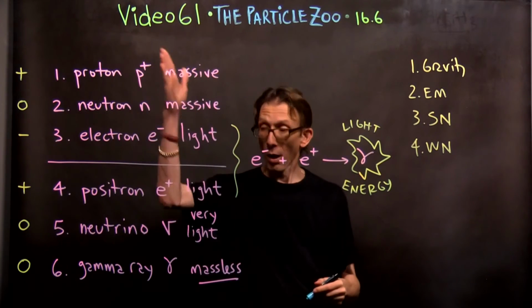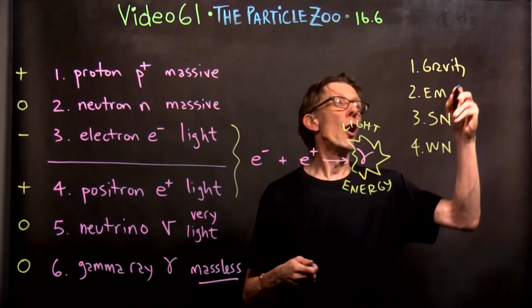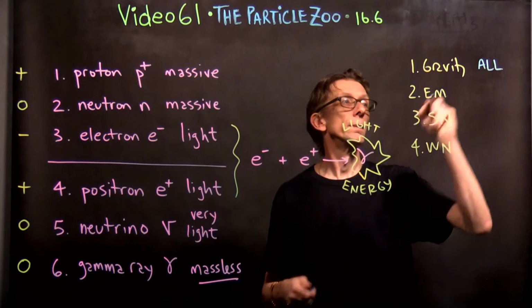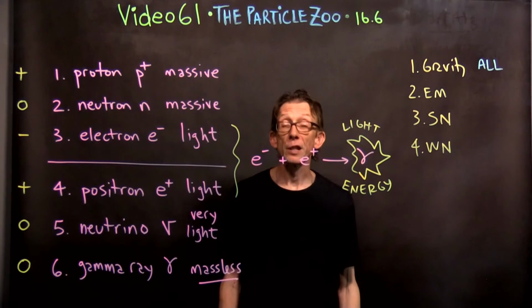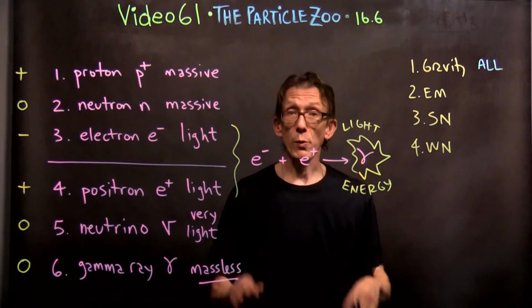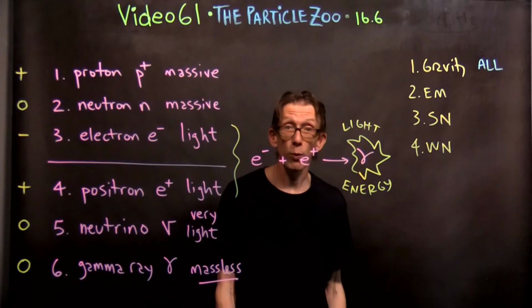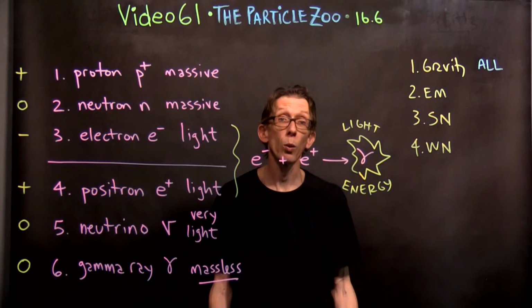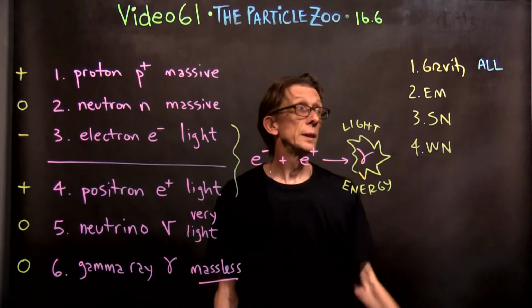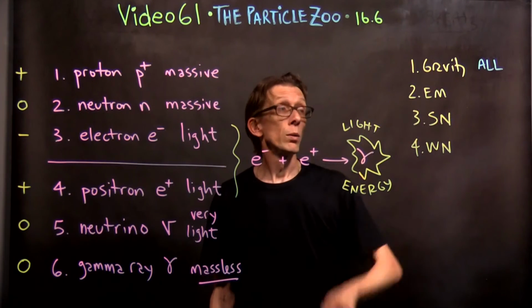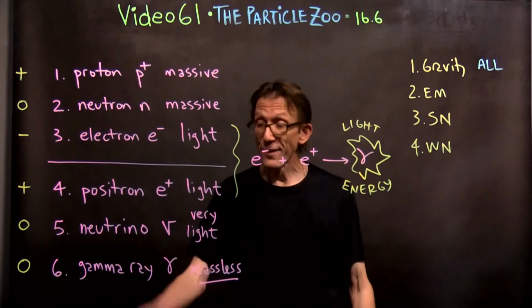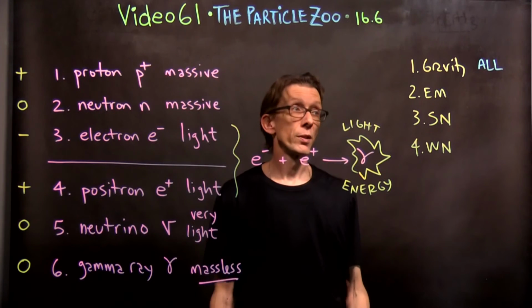Turns out that of these 6 particles, all of them experience gravity. But gravity is very weak and will not come into play when we talk about fusion. Okay, it's not important for the formation of energy in the sun's core. So all of them experience gravity. Even light, which is massless, experiences gravity.